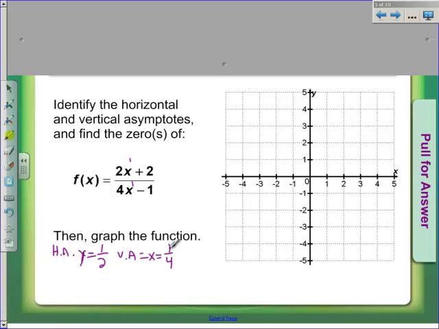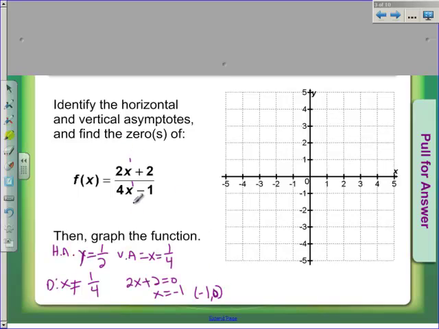And we also have to make sure that doesn't make the top 0, because it might have been a hole, but it doesn't. If you plug in 1/4 for x, it doesn't. So we know that our domain is x cannot equal 1/4. Now what about the zeros? To find our x-intercepts, we set the top equal to 0, and that happens when x equals -1, so we should have a zero at -1.